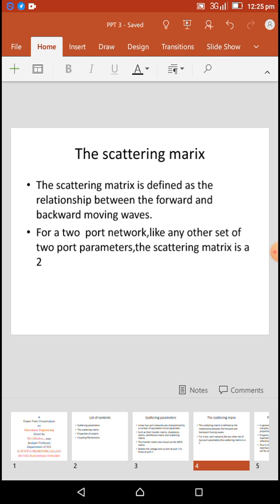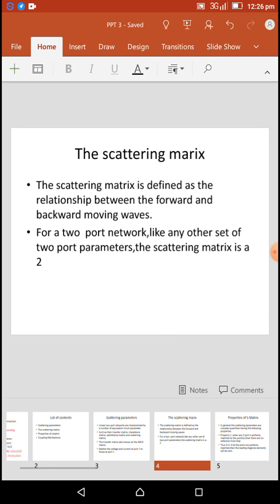For a two-port network, like any other set of two-port parameters, the scattering matrix is a two-by-two matrix. Let us assume V1 minus, V2 minus equals S11 S12 S21 S22 into V1 plus, V2 plus. So this is the scattering matrix representation.